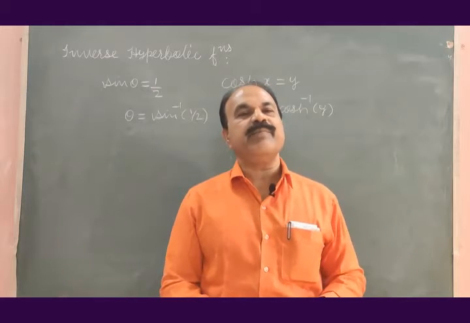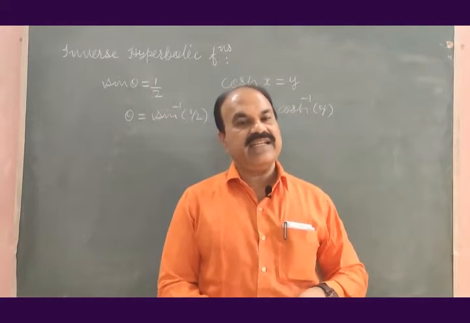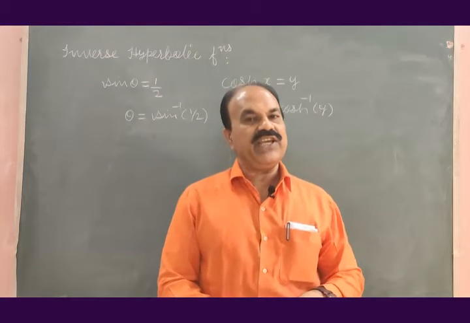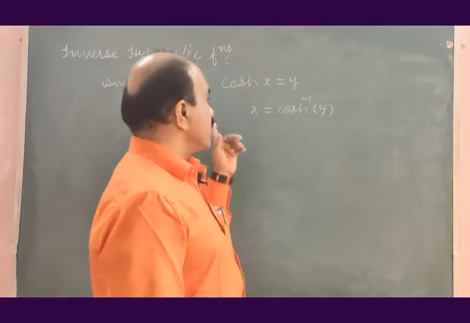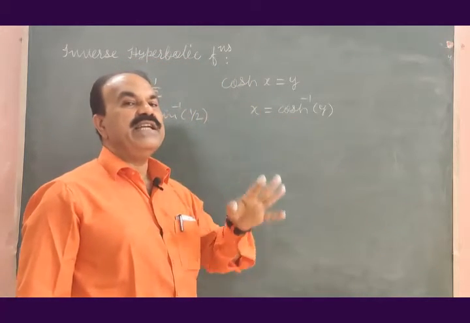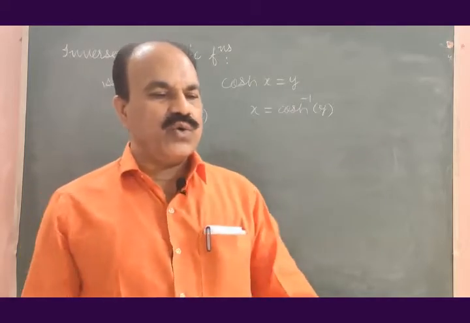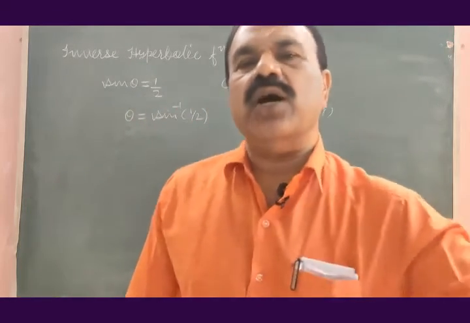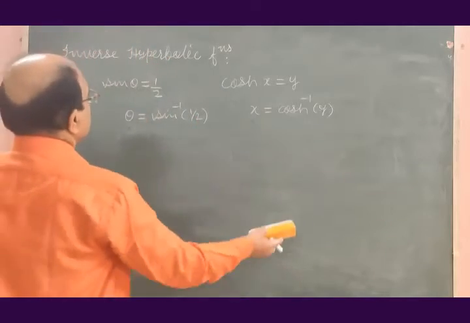It is a very simple method of getting and writing the inverse of hyperbolic functions. So such functions are known as inverse hyperbolic functions. Let us work out a few problems on inverse hyperbolic functions.